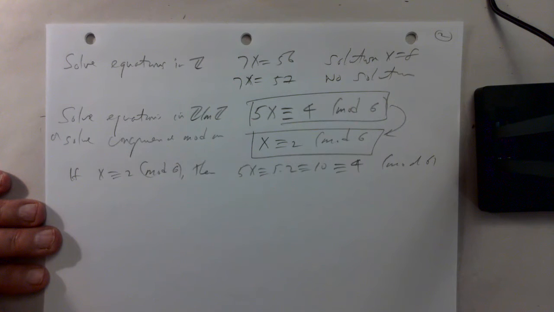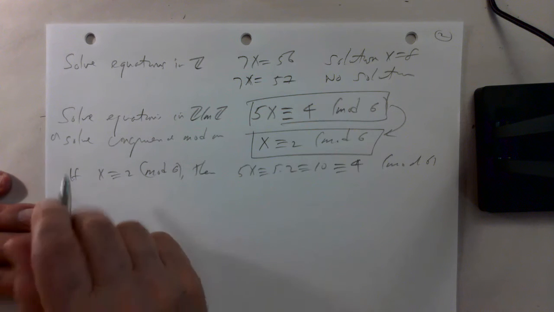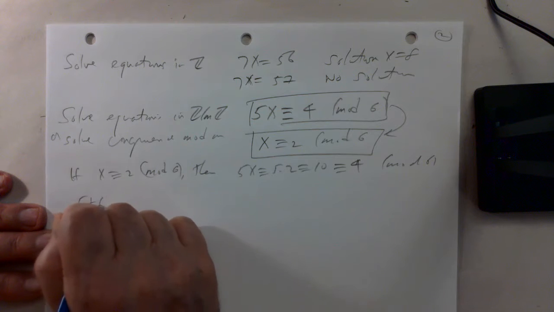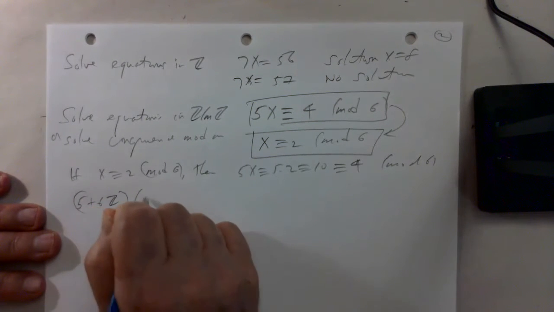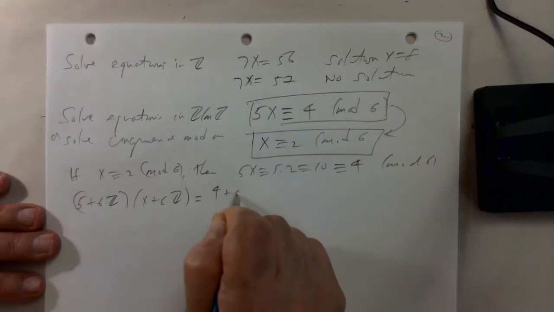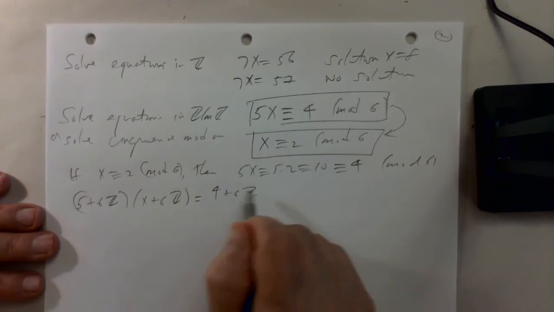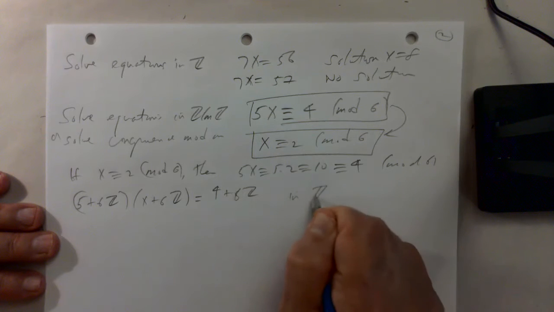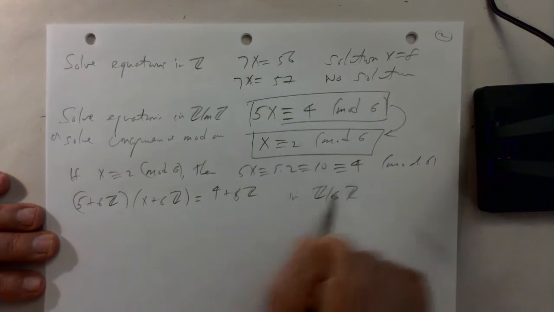We could write this also as an equation in Z mod 6Z. Can we find a congruence class x plus 6Z such that (5 plus 6Z) times (x plus 6Z) equals 4 plus 6Z? So this is an equation in Z mod 6Z.